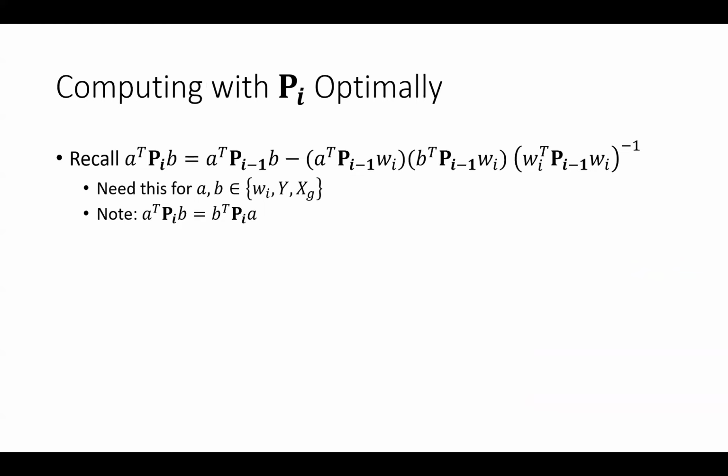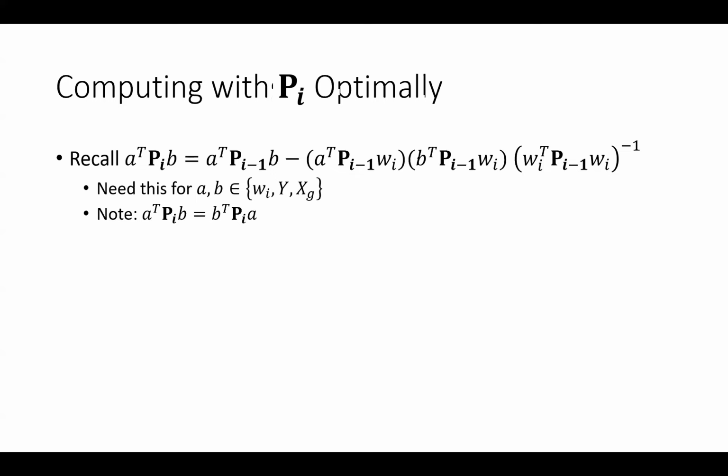We're not often interested in just these PI matrices. We would rather jump and calculate something like these matrices of the form A transpose PIB, where A and B are either one of the covariates or Y or our genotype. I'll also note that just due to how symmetry works out, A transpose PIB is also equal to B transpose PIA.